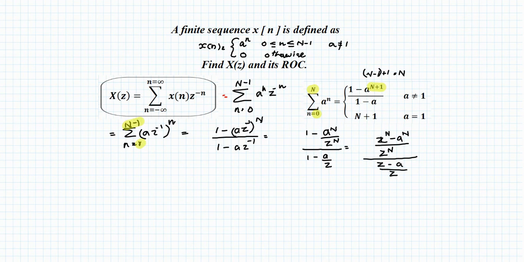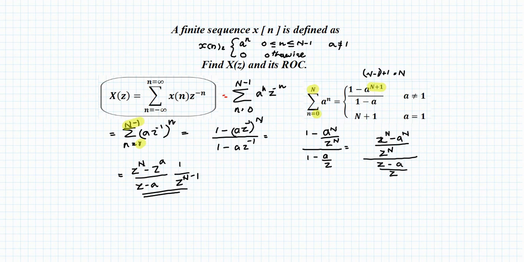After simplification you can write z raised to n minus a raised to n divided by z minus a, and in the numerator it's z and the denominator it's z raised to n. If you simplify this, z is raised to 1 actually, so I can bring this z to the denominator and simply write 1 by z raised to n minus 1. So this is the final answer.